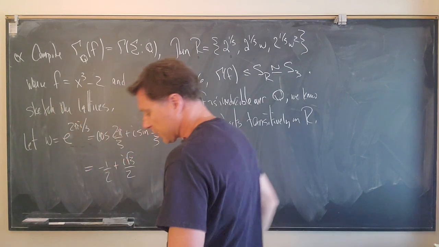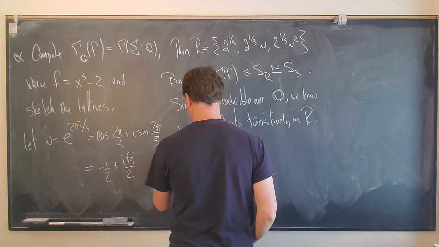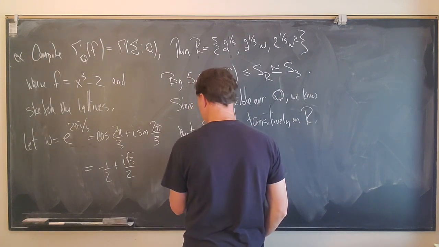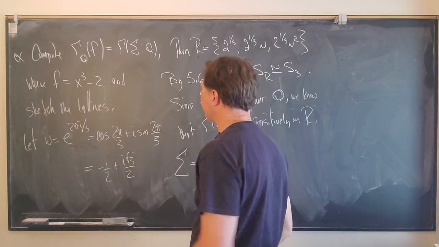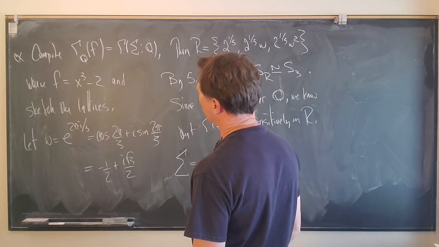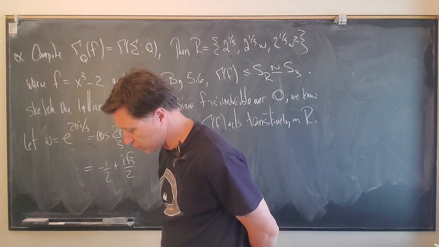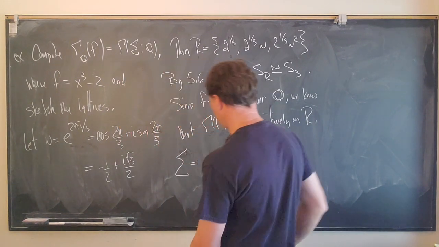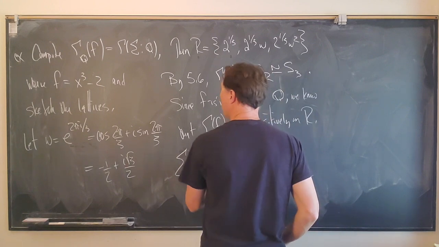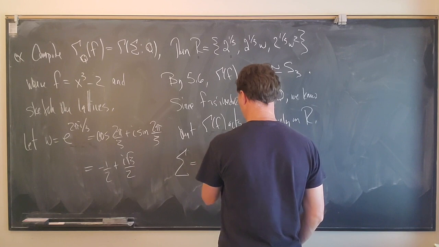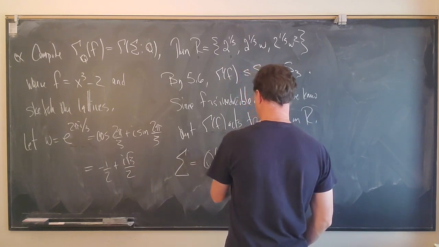Now, let's write down Sigma. How would you get it? You get it by adjoining all the roots, so it's Q adjoin all the roots. One way to do it would be to say it's omega and 2 to the 1/3.